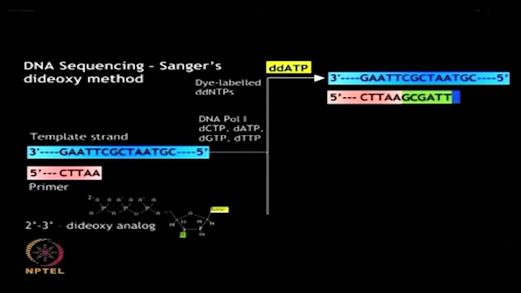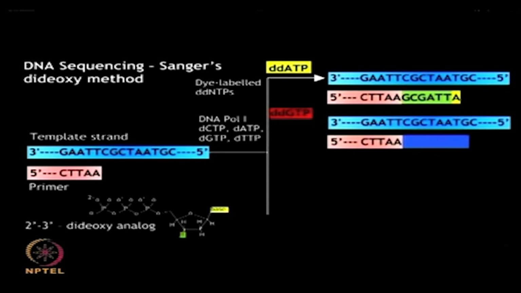The reaction mixture consists of regular deoxynucleotides and DNA polymerase along with a small amount of one labeled dideoxynucleotide analog being added to each of the 4 reaction mixtures.